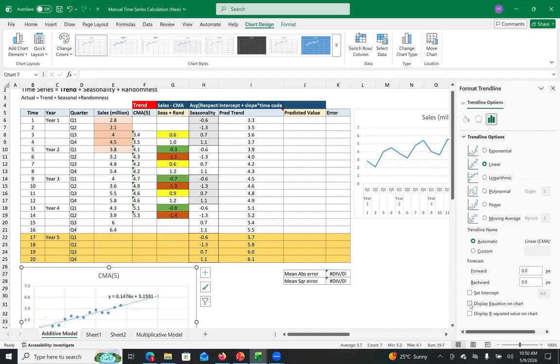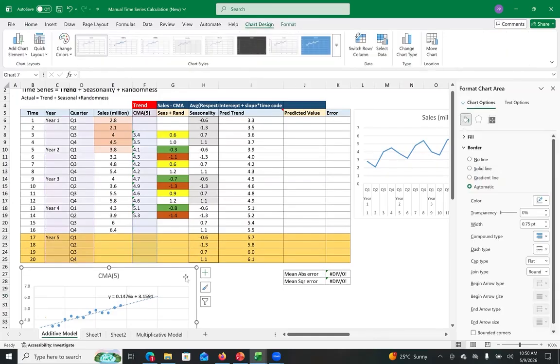Where is that option, Manoj? Chart design option. Sorry, not able to see. Here, display equation on chart. So once you click the chart, go to chart design. I'm not able to see this chart design option. Have you clicked the chart once? Click the chart. Without that, it will not be visible. You need to click the chart, then it will be visible.